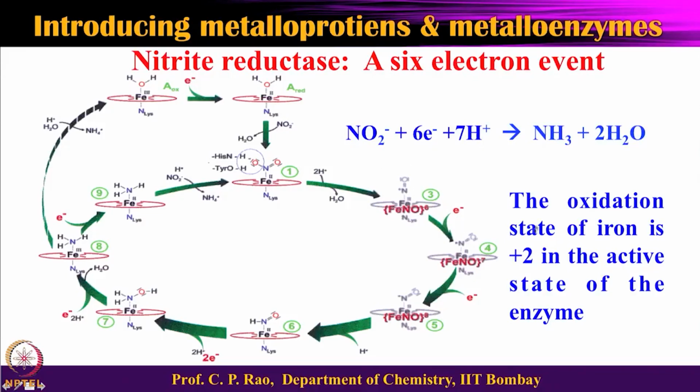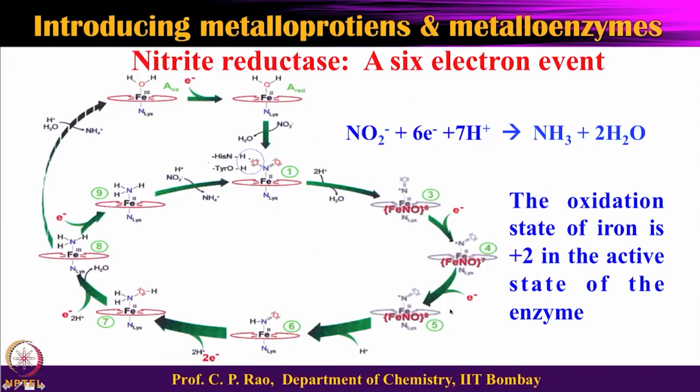Now, with further reduction by one electron, that electron gets into this particular part, and therefore the binding of the FeNO has now become bent, and this is again computed by the DFT computation. This species is called FeNO6.